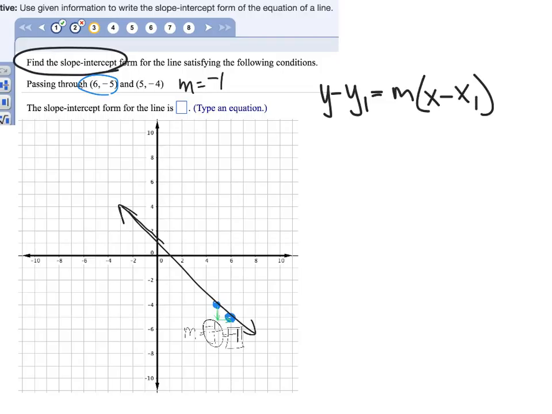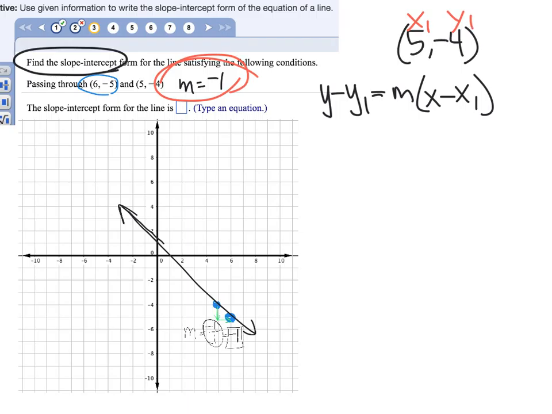And it doesn't matter which point we use, so I like to use the one that has the smaller numbers. So 5 comma negative 4, that's your x1 and y1, and we have our slope right here.